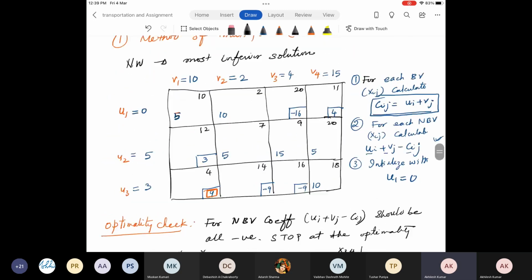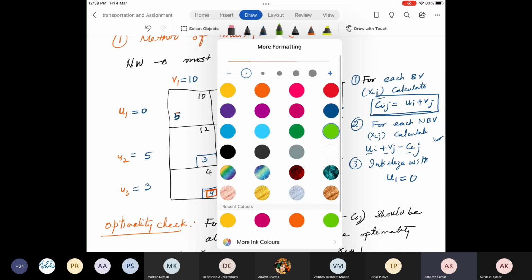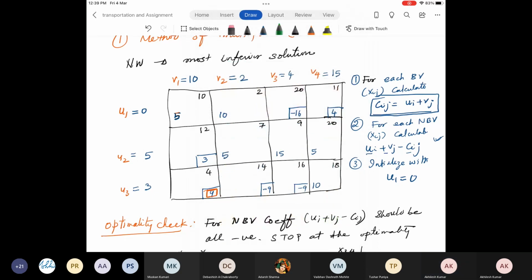So where do we start? Here, the x31 cell. Is this correct? Yes, sir. Now let's start moving. Can I stop here?